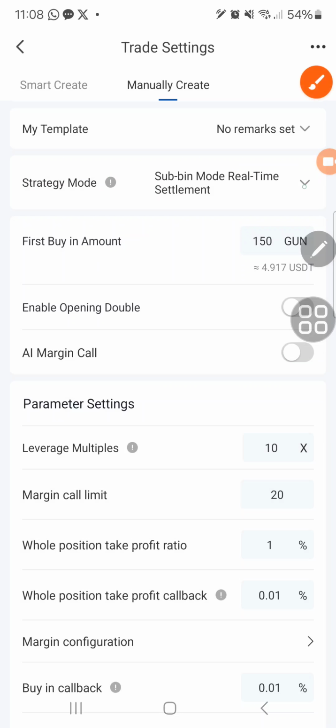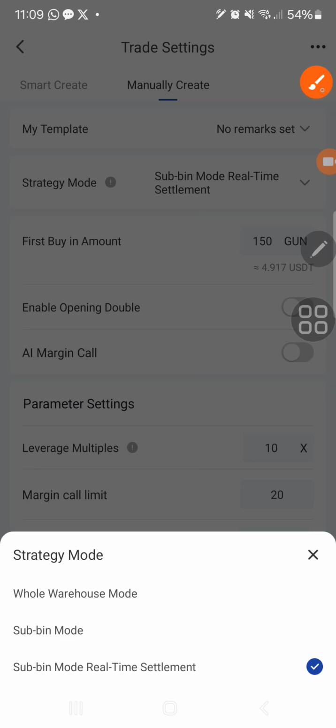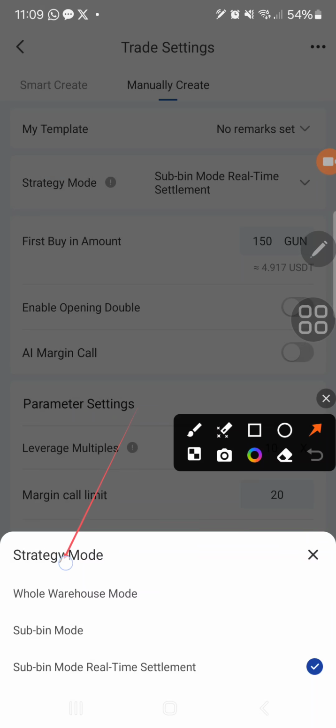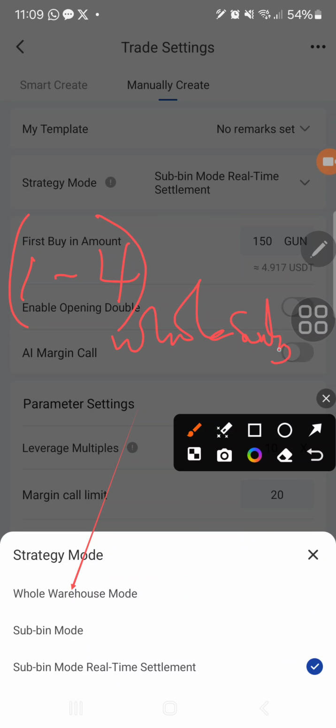When you open here, you find the whole house mode, which pertains to the first four margin calls, 1 up to 4, which are bought separately and sold wholesale in what you call the whole house mode. Then the other one is the sub-bin mode. This mode pertains to margin calls 5 up to margin calls 999.